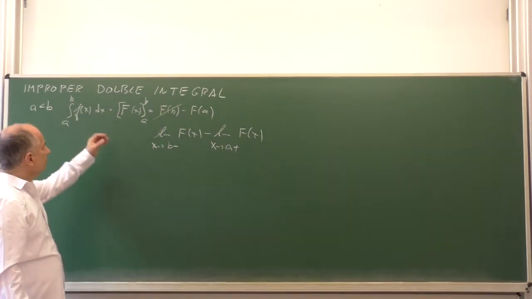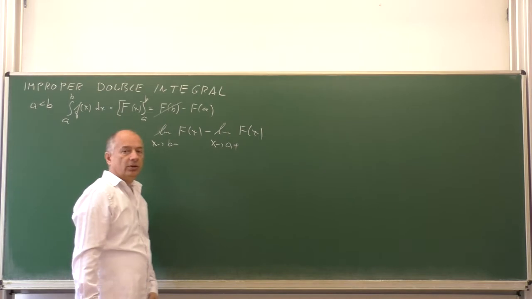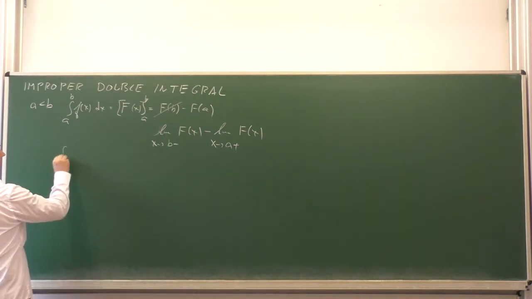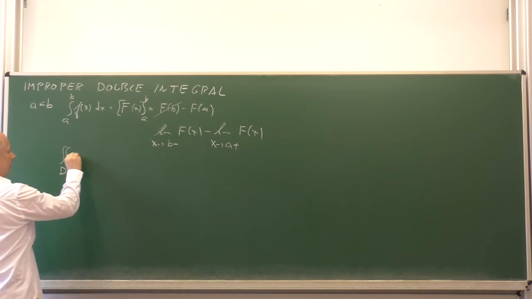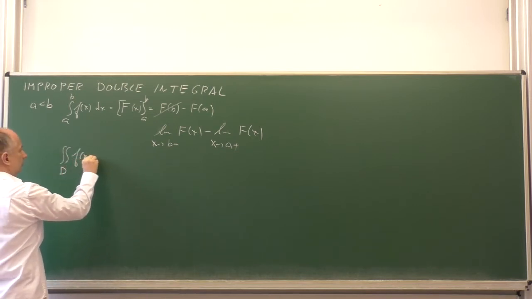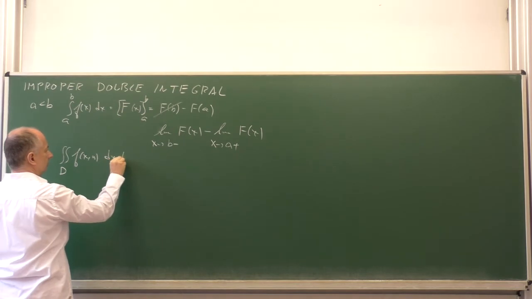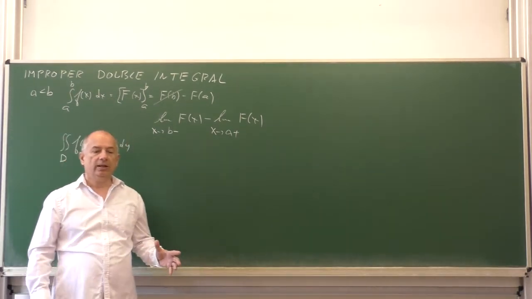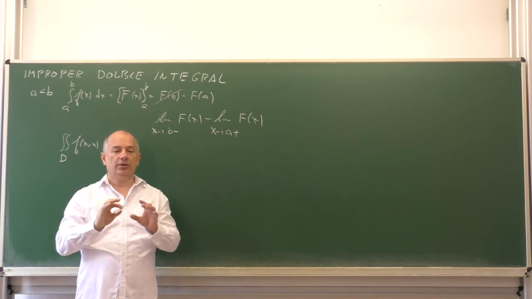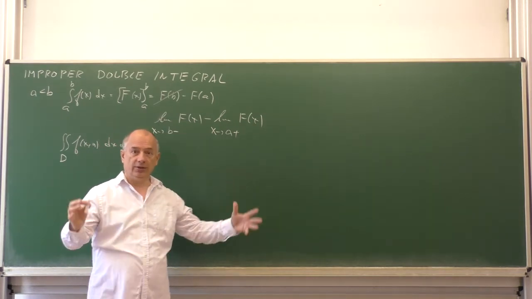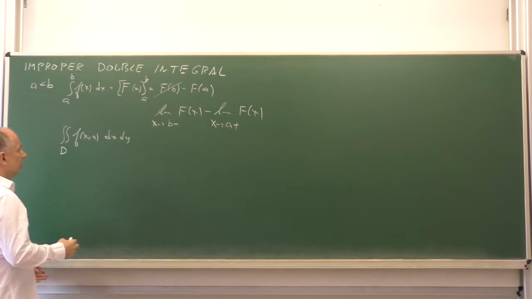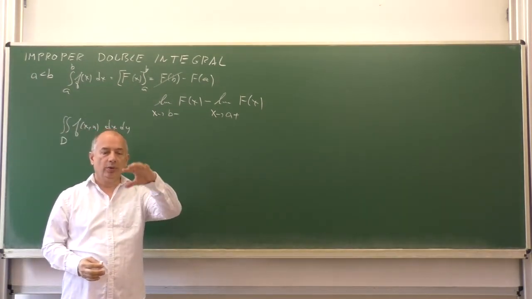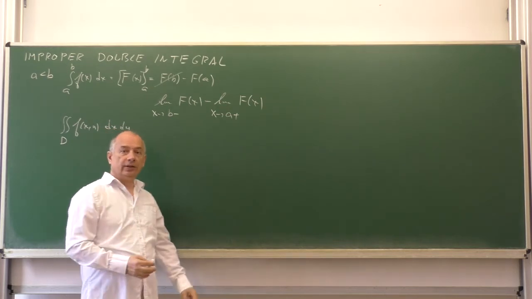Now, can we introduce something in this sense for the two-dimensional integral? Yes, we can. If we have an integral over a set D, and if the set D is not bounded, then we can consider a system of finite disks, and we can consider the intersection of this unbounded set D with these finite disks.